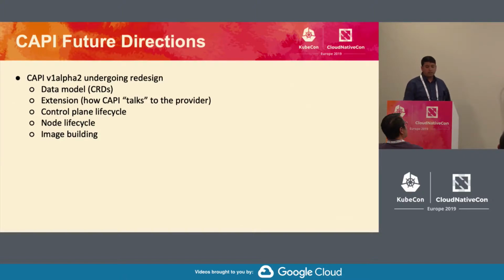How the extensions are being used, like how the provider is talking to the main controller; those things are also under consideration for changes. Similarly, the control plane lifecycle and the node lifecycle individually. And last but not the least, the image building. There is again a work stream for image stamping: how do you reliably reproduce or generate an image that you can reliably use in the CAPV world?